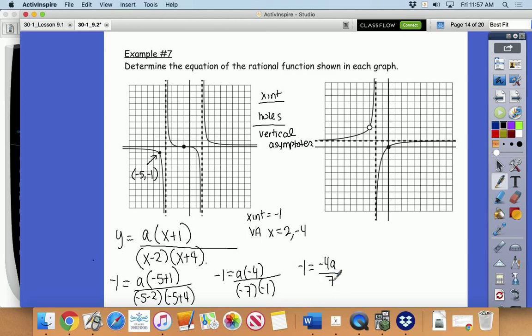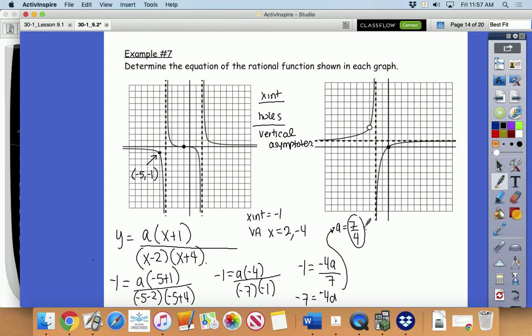We're going to bring that 7 to the other side by multiplying, and that gives me -7 equals -4A. And lastly, we're going to divide by -4 on both sides, which means that A is going to equal 7 over 4.